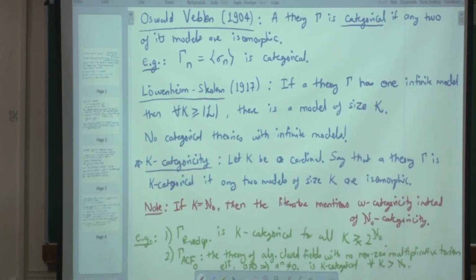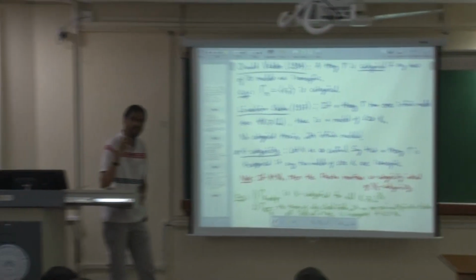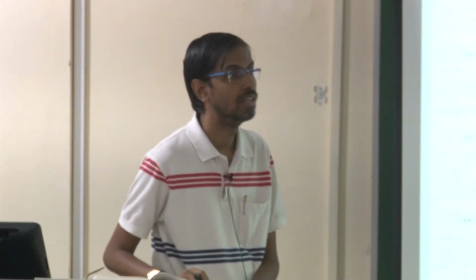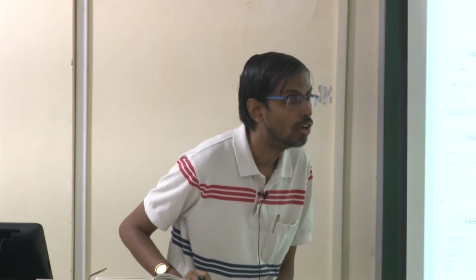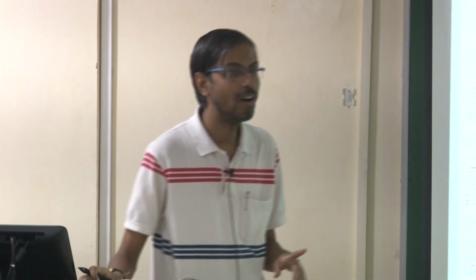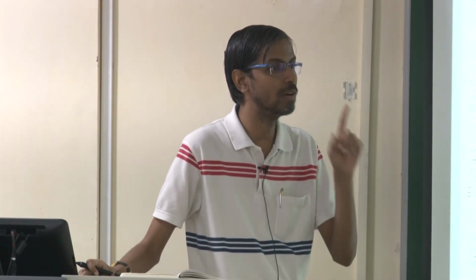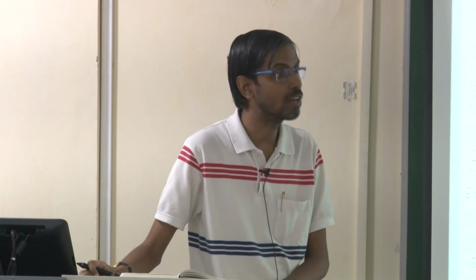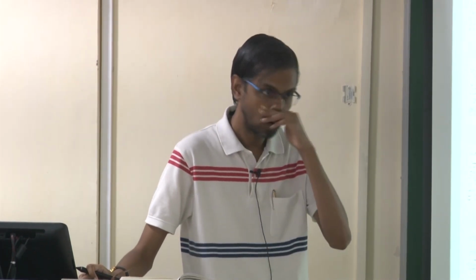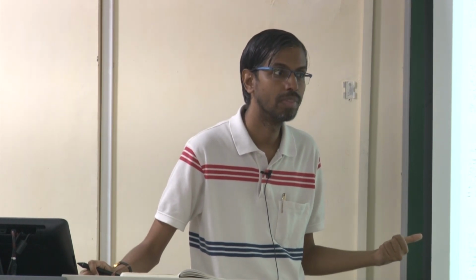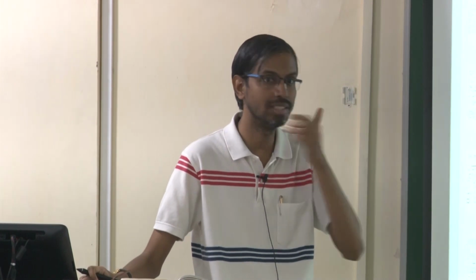So do you know any uncountable algebraically closed field satisfying this property? Real numbers? Are they algebraically closed? Because x square plus 1 equal to 0 doesn't have a root. So they are not algebraically closed. But complex numbers are. So complex numbers, what is their cardinality? 2 to the aleph naught. So it is strictly bigger than aleph naught thanks to Cantor's theorem.